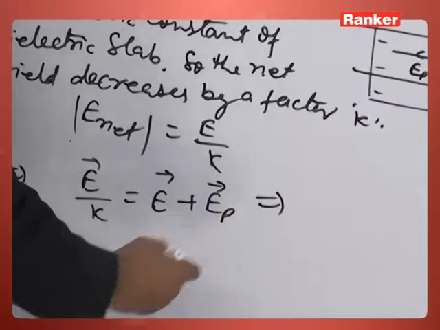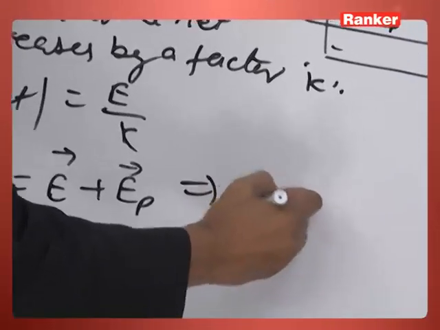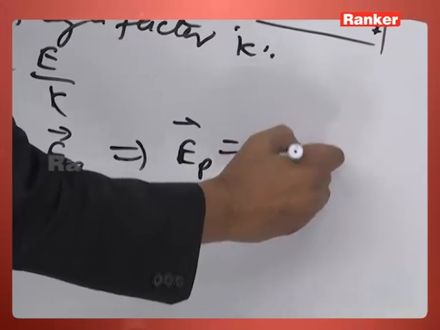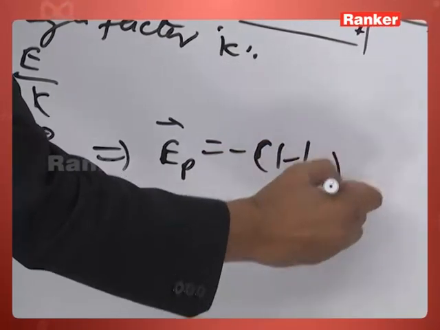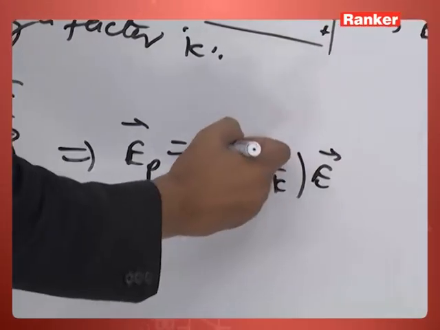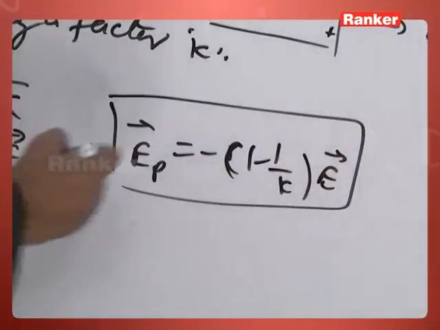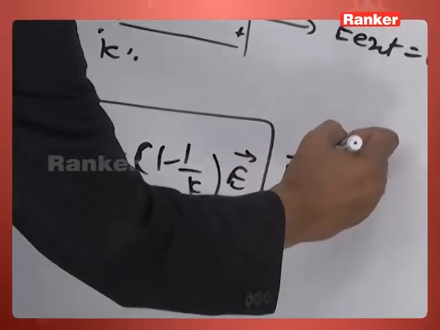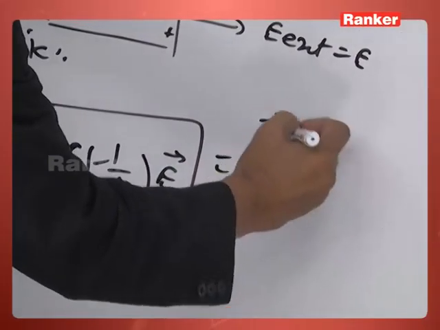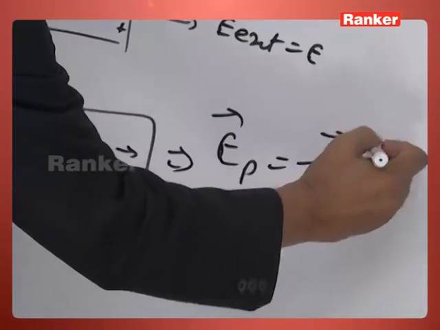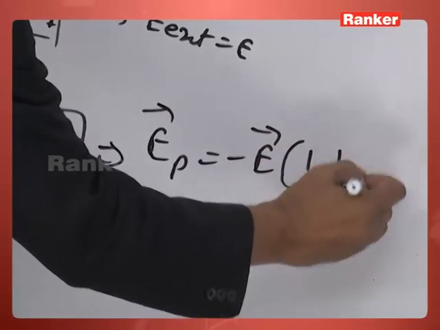So this gives us the polarized field, which is equal to minus 1 minus 1 by K times E. So Ep is equal to minus E times (1 minus 1 by K).